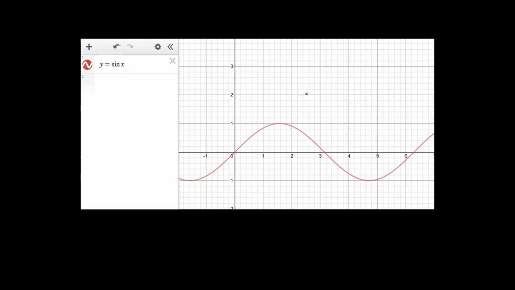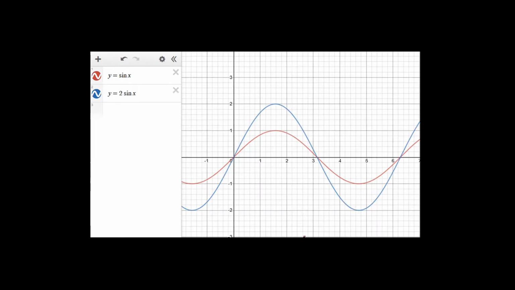So, for instance, here is sine of x. And here is 2 sine of x, the blue line. You can see that the blue line starts in the same spot as the red, and its period is the same.